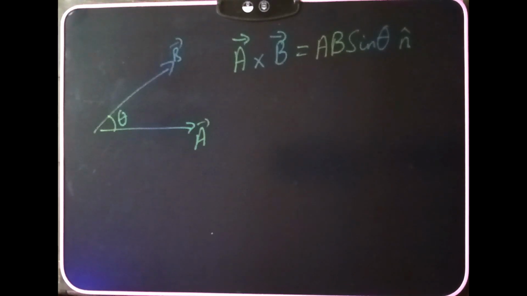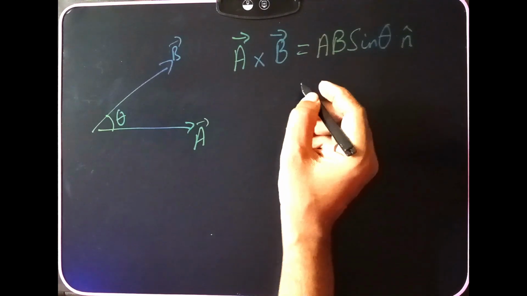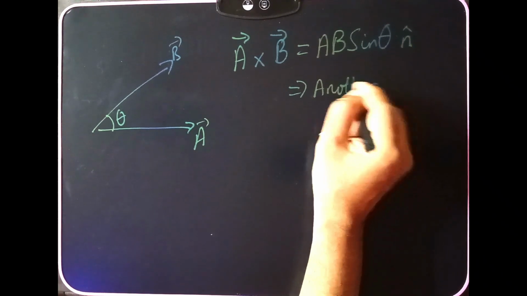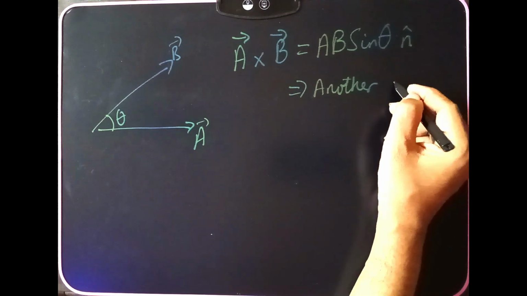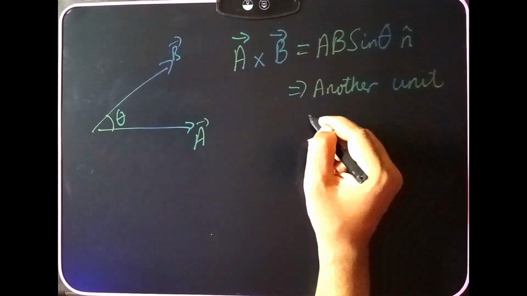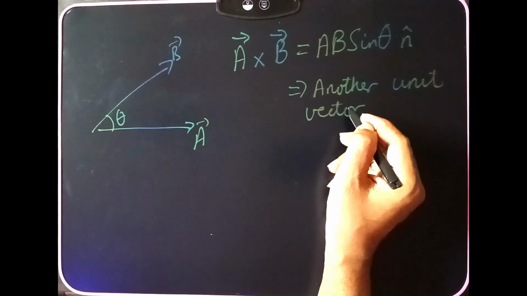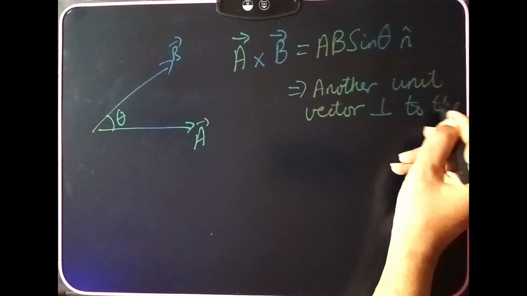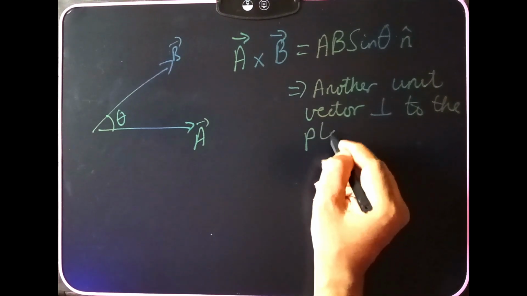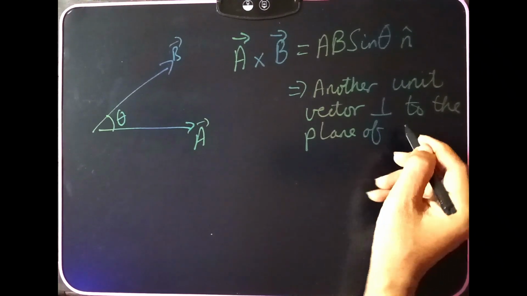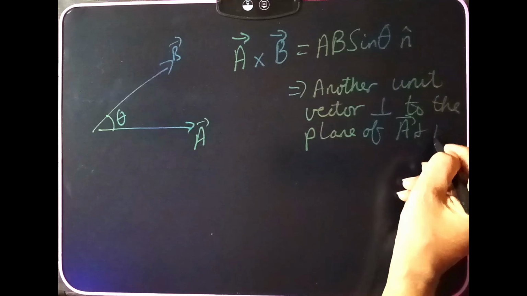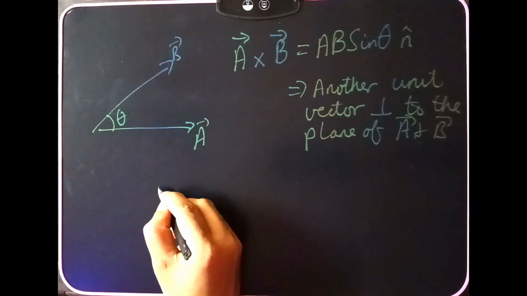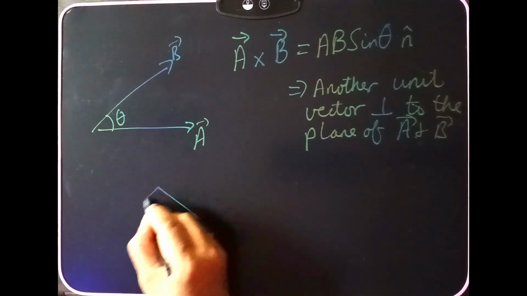So what does the cross product give us? The cross product gives us another unit vector, and this unit vector is perpendicular to the plane of A vector and B vector. So if you want to imagine this, one vector is this way, another vector is this way.